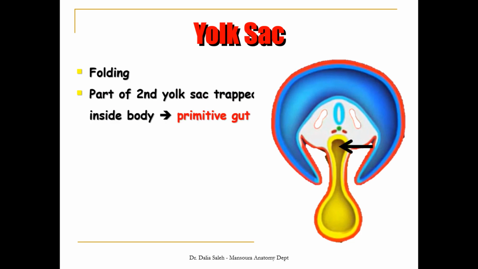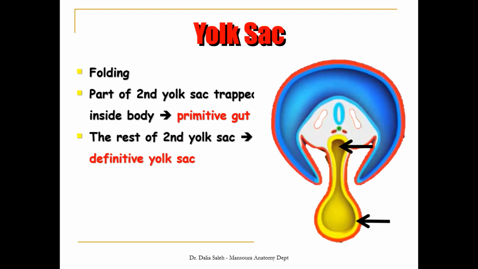So part of the yolk sac will be trapped inside the body of the embryo and form the primitive gut. The rest of the yolk sac will lie outside the embryo. We call it the definitive yolk sac. And both the primitive gut and the definitive yolk sac will be connected by a duct. We call it the vitello-intestinal duct.